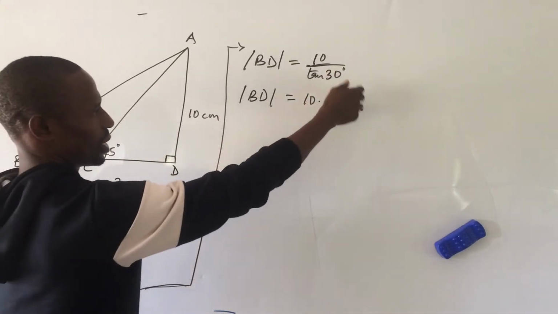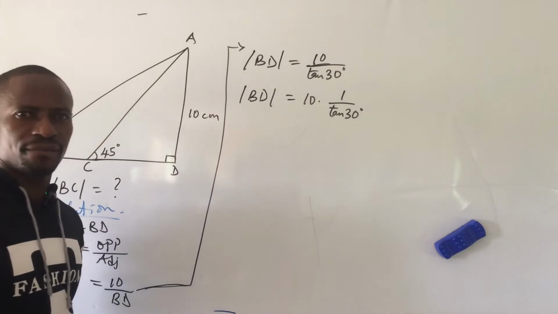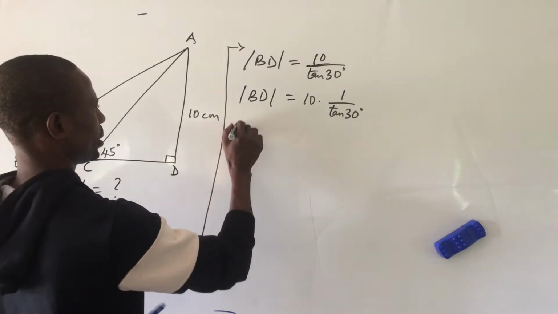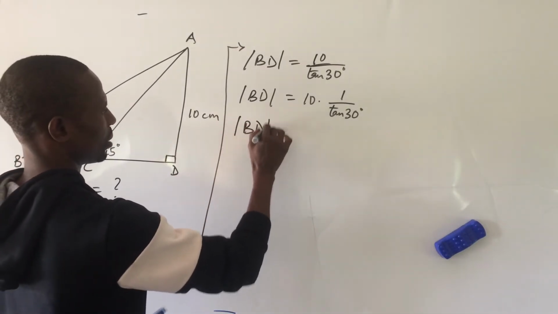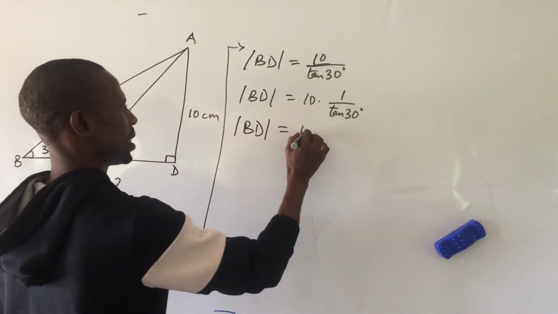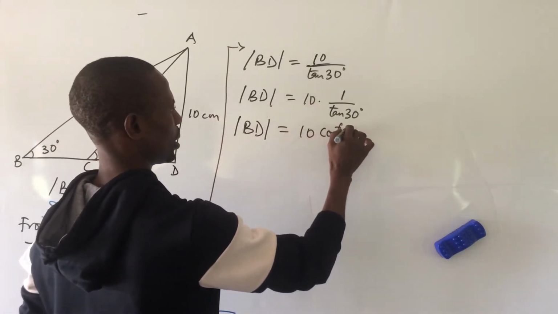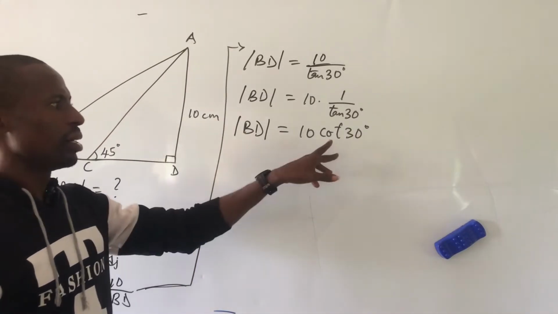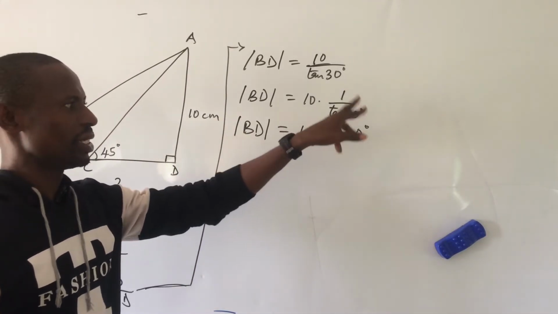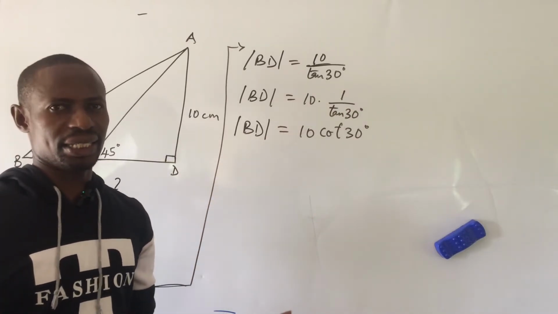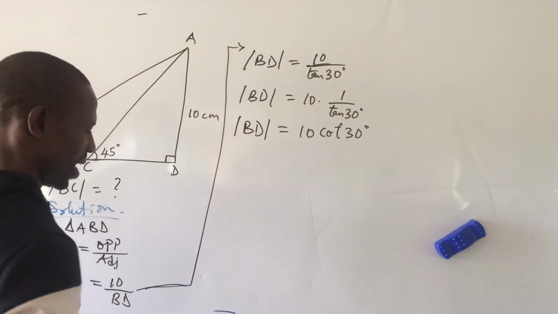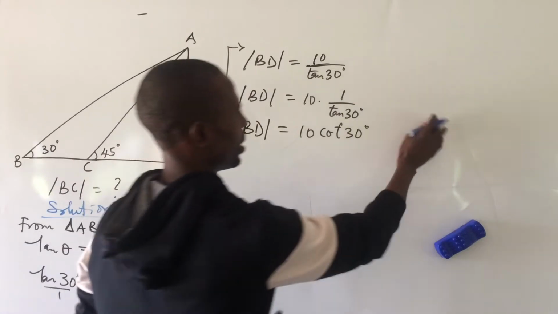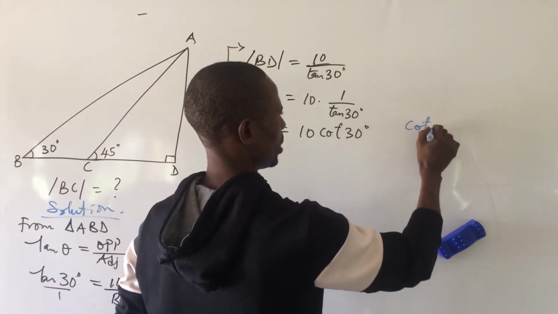This is the same thing as line BD equal to 10 cot 30°, because cot theta is the same thing as 1 all over tan theta.